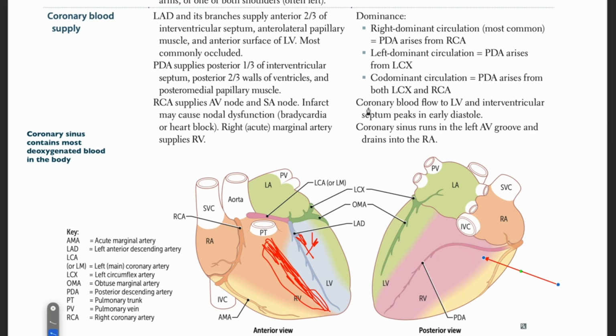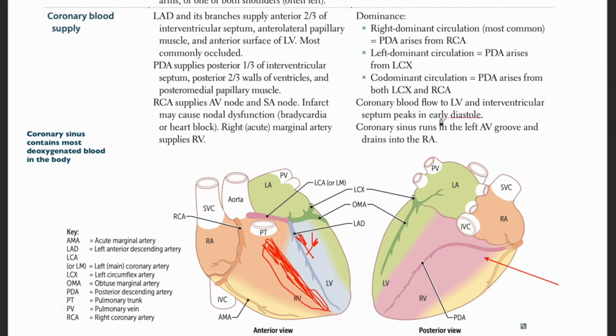So when it relaxes, in diastole of the ventricles, that's when the resistance decreases and the blood flows through the coronary vessels, right? So coronary blood flow to left ventricle and interventricular septum peaks in early diastole.